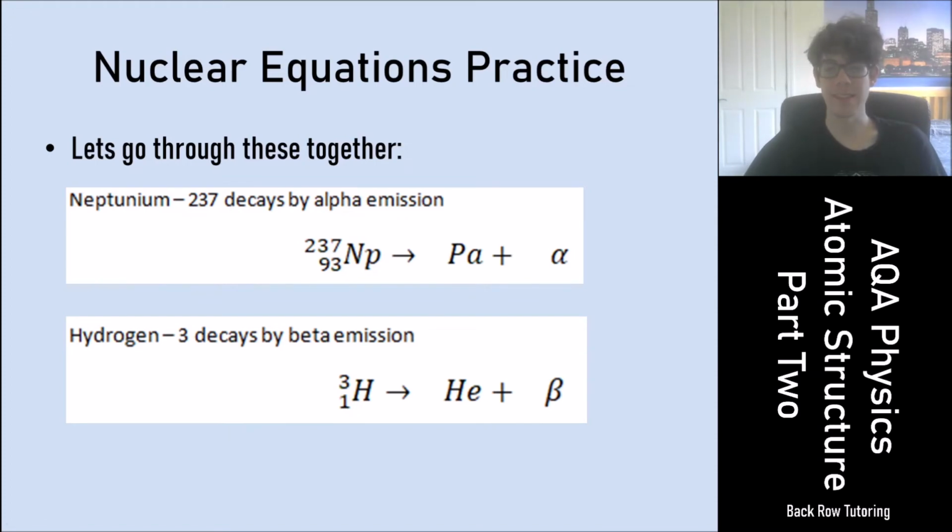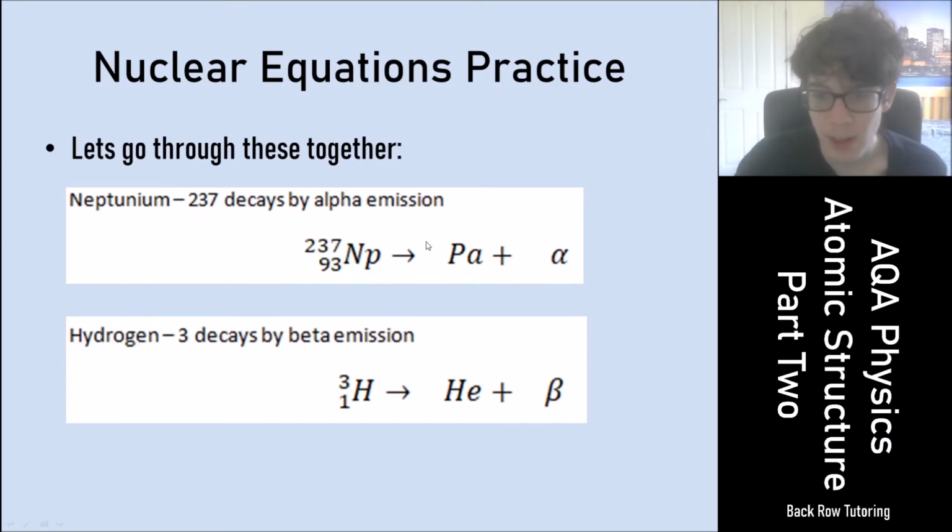Nuclear equations practice. Let's go through these together. Neptunium-237, that decays by alpha emission. Okay, so let's say this was in an exam. This exam's been quite nice to you because it's actually given you the element which it decays to. Sometimes that might not be there and you have to look it up on the periodic table yourself.